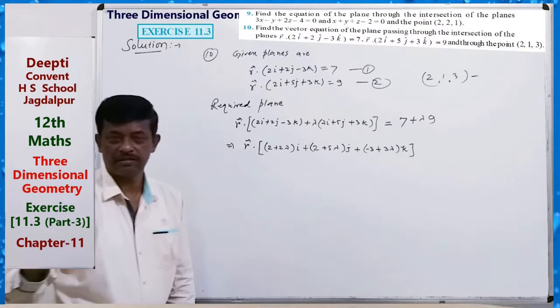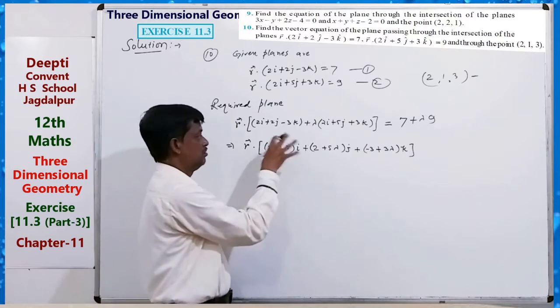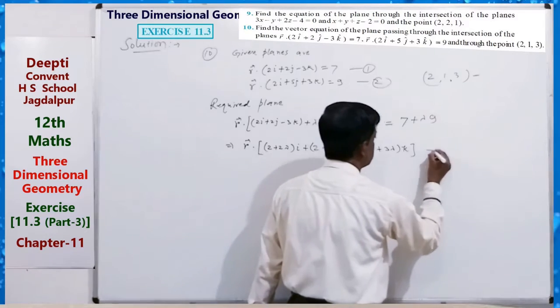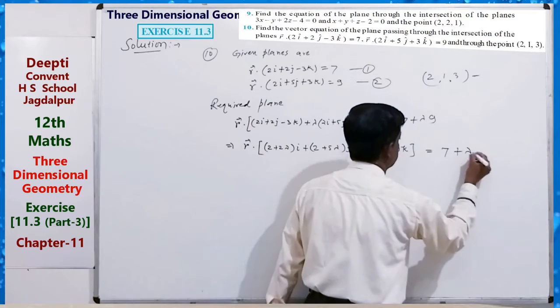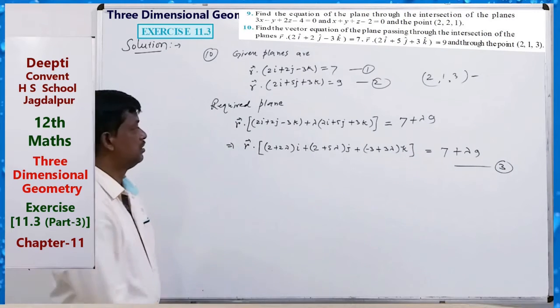In terms of the coefficients of i, j, k, r dot this equals 7 plus 9 lambda. This is our required plane.